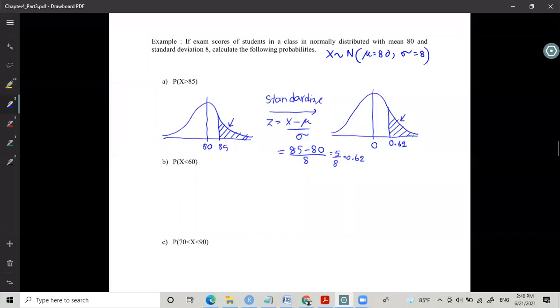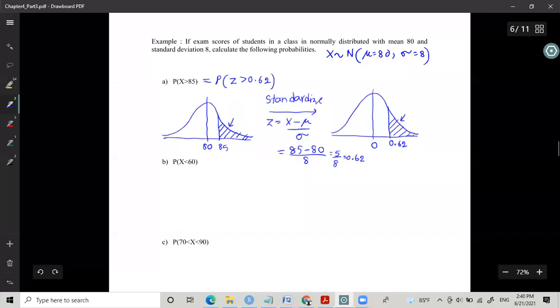So probability X greater than 85 is the same as probability Z greater than 0.62. I'll give you the table, then you can use 0.625. You have to round it to read the table, so that will be 0.63, because you have to go for only 2 decimal places.